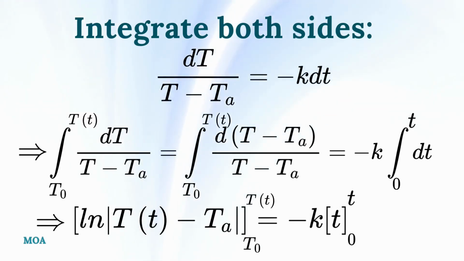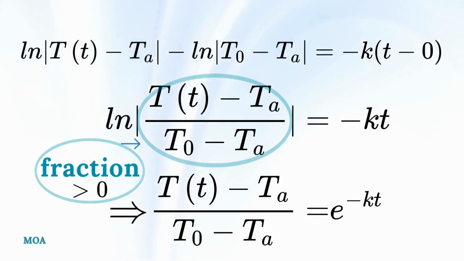Integrating both sides, from T sub 0 to T of t on the left and from 0 to t on the right, gives the natural logarithm of the quantity T of t minus T sub A minus the natural logarithm of T sub 0 minus T sub A equals minus kt.